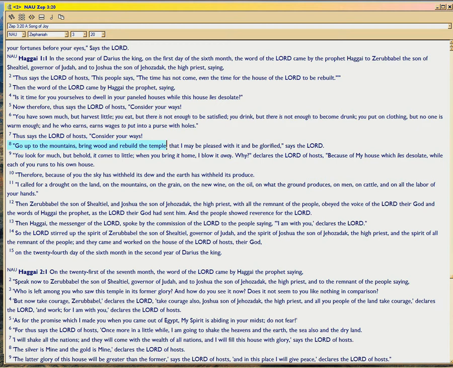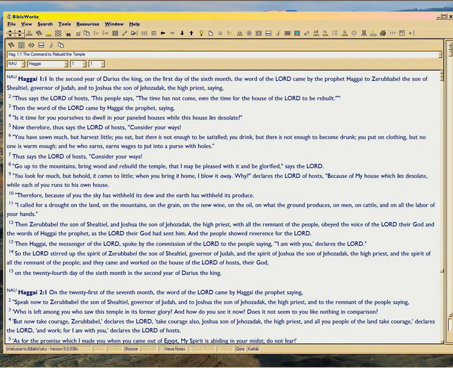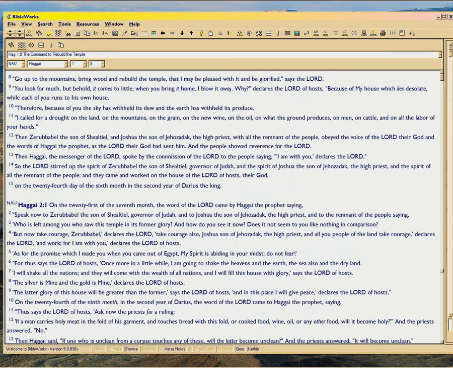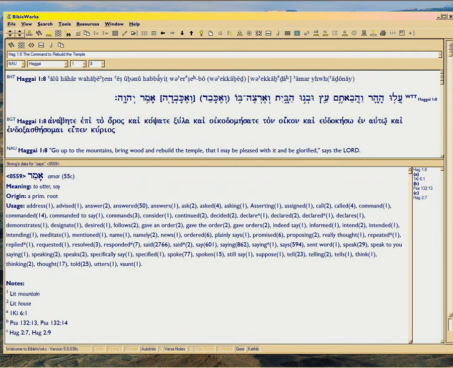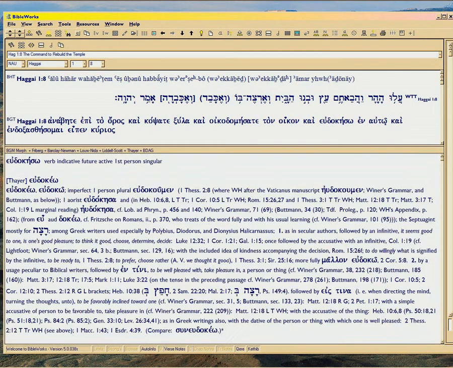Now we want to look at that word glorified. Eudokao isn't really exactly glorified. It's got more of a judgmental idea here, and we're going to have to kind of go through it. Dokeo is used an awful lot by Paul, and it means to have an opinion about.